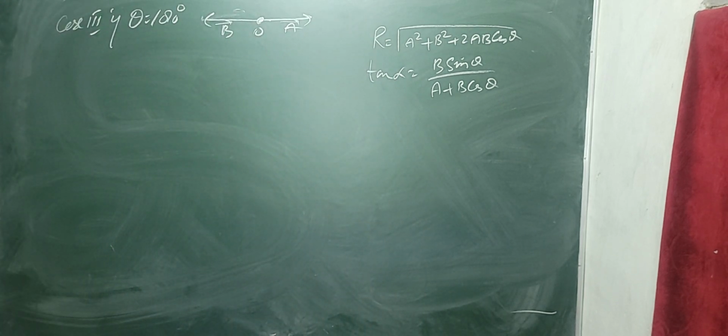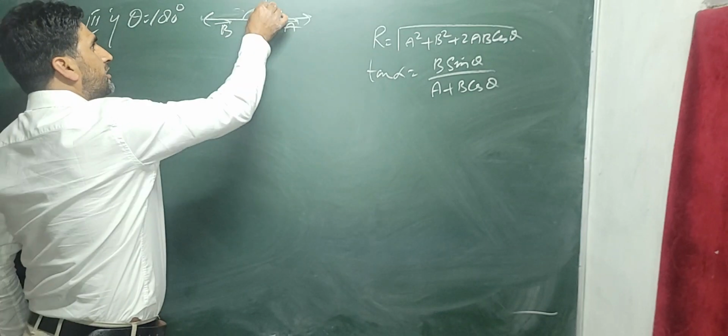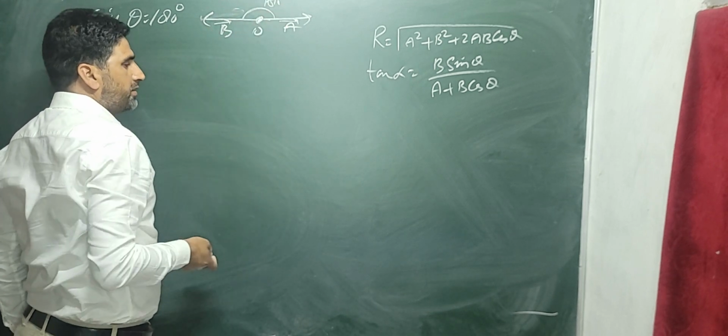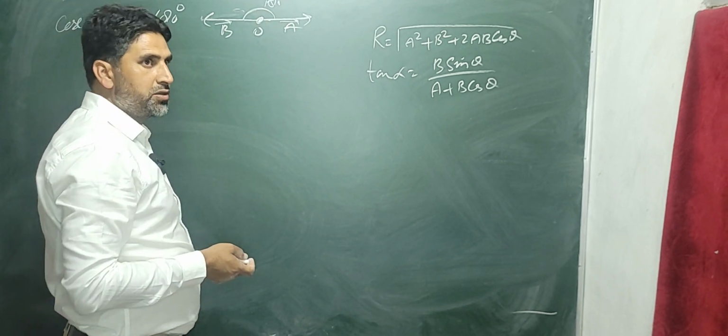Here the two vectors are opposite vectors. They have an angle of 180 degrees. How does the angle affect the magnitude of the resultant?